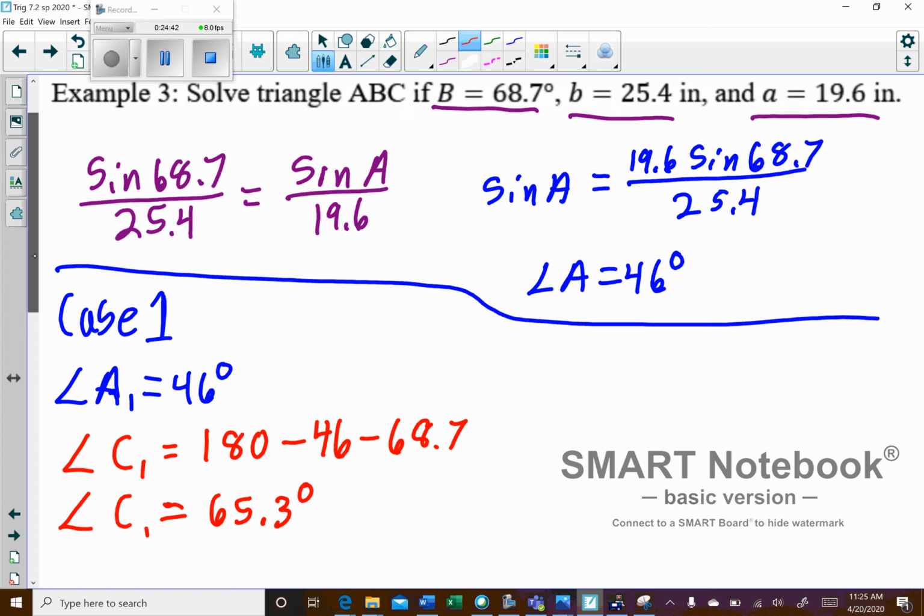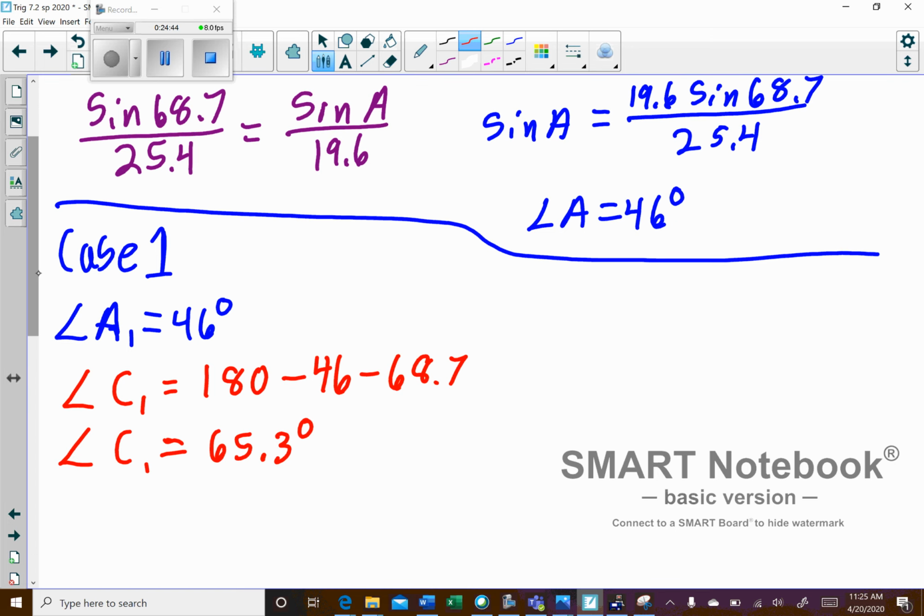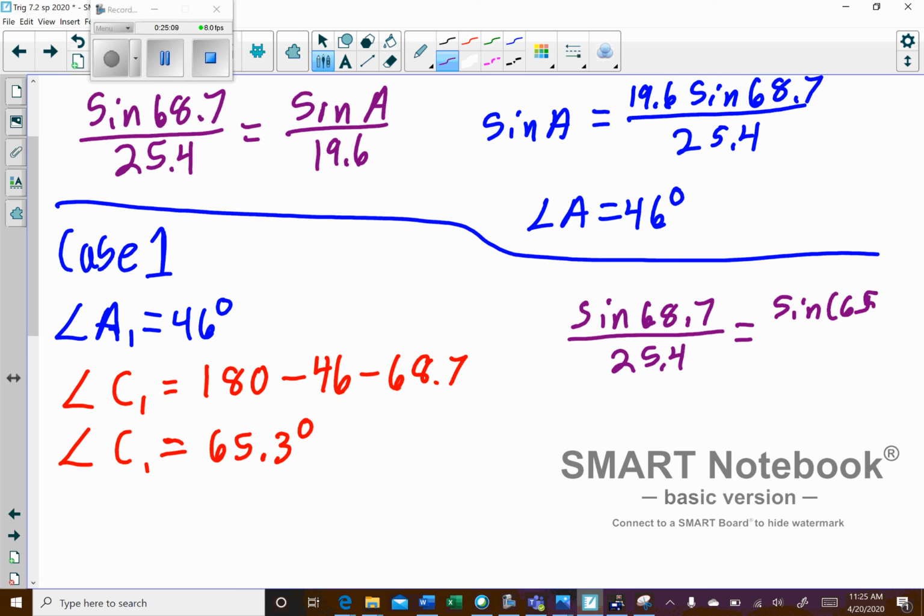So what we'll do here is set up a law of sines ratio and solve for that. And then we'll look at whether there's a possibility of a second triangle with the given conditions. So sine of 68.7 over 25.4 equals sine of 65.3 over C, which we don't know, the capital C for side length.